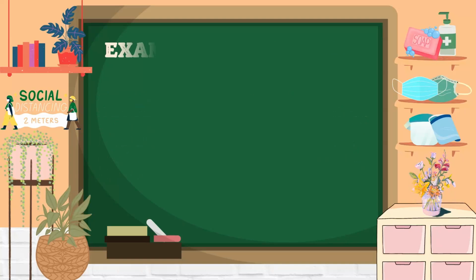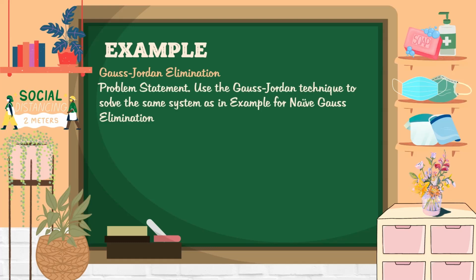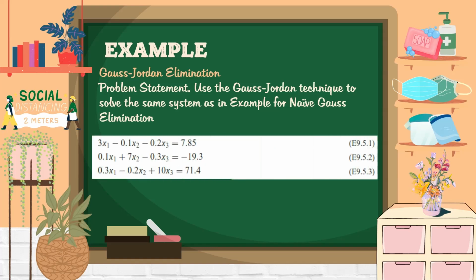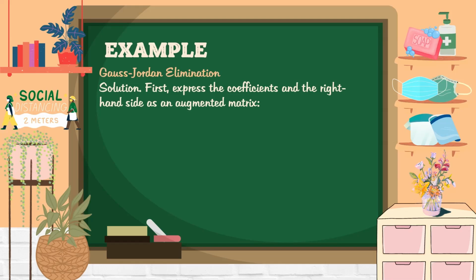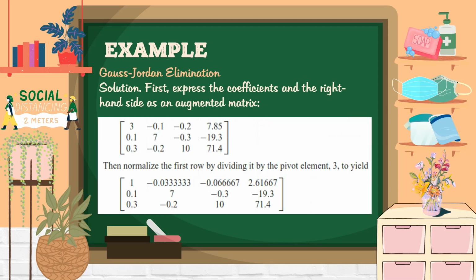So let's have an example of Gauss-Jordan elimination. Problem statement: use the Gauss-Jordan technique to solve the same system as in the example for naive Gauss elimination. For the solution, first express the coefficients and the right-hand side as an augmented matrix. So we need to represent this in matrix form.